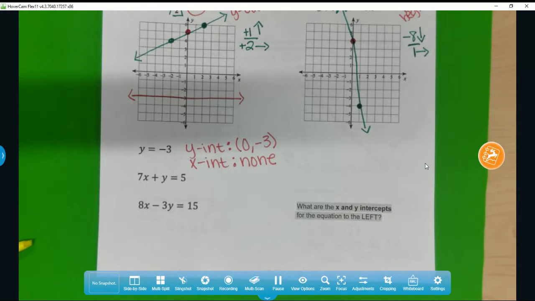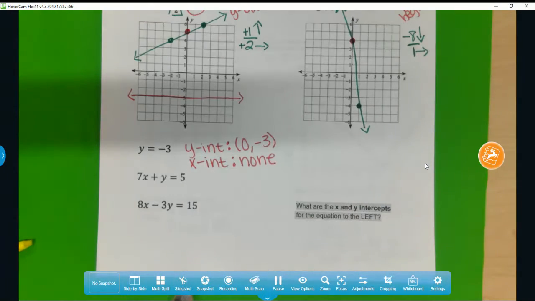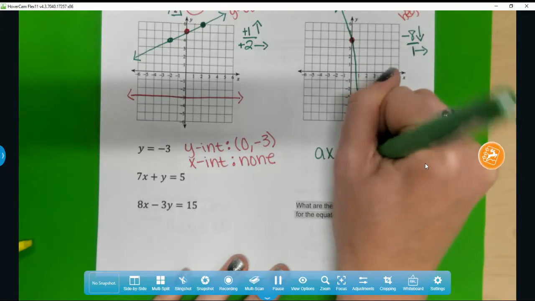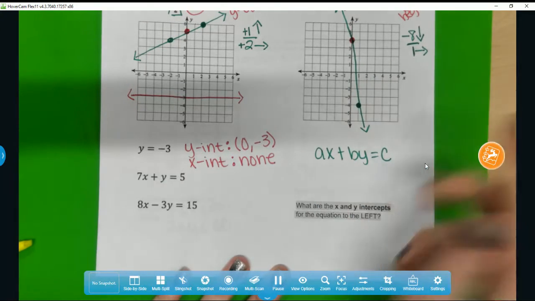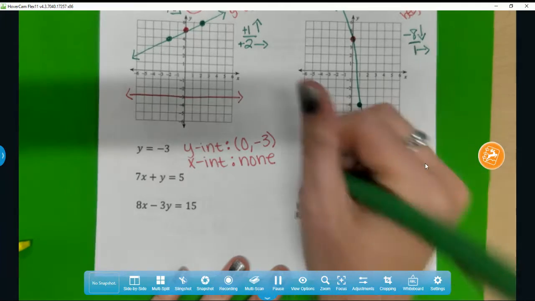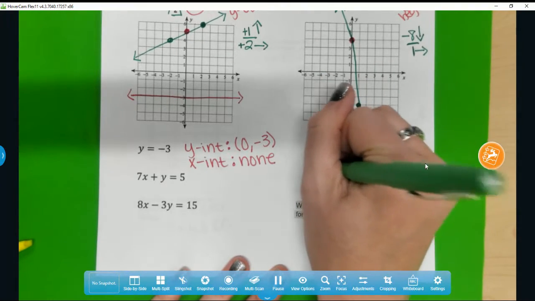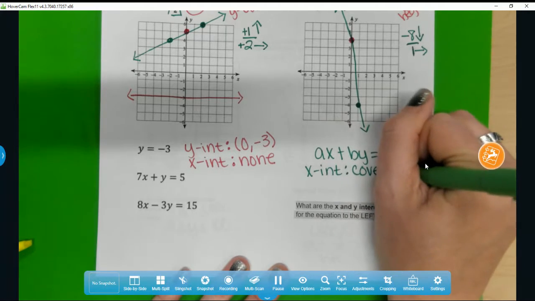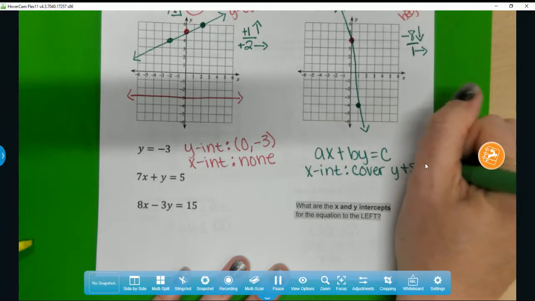Okay? This is called standard form. So if your equation is in standard form, usually it's like this. If it's in standard form, to get the x-intercept, cover y and solve.